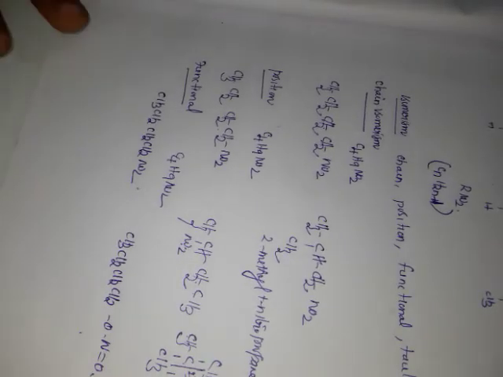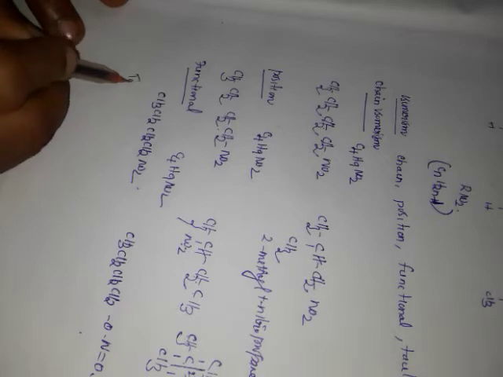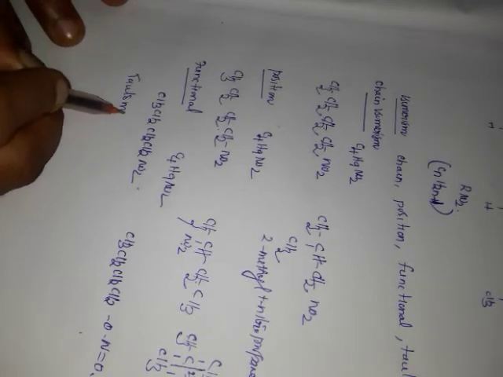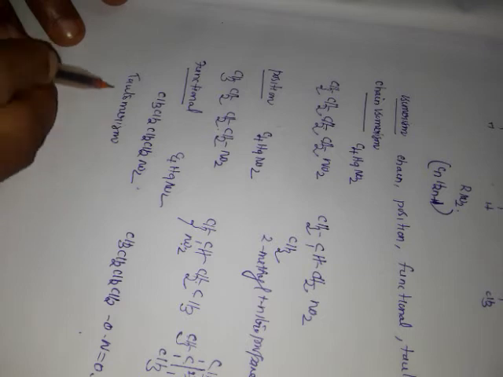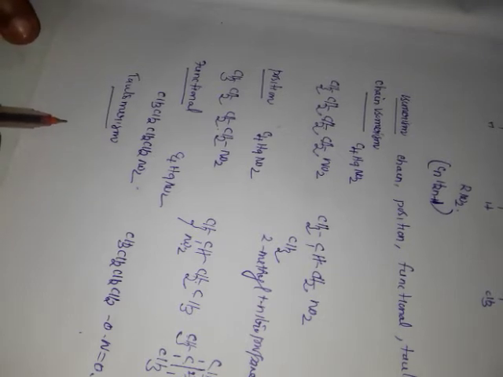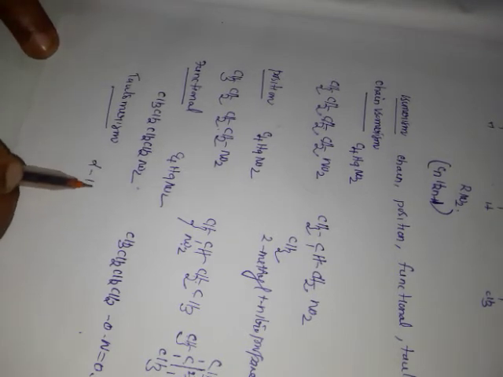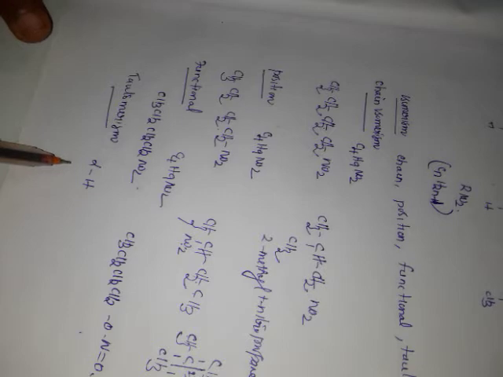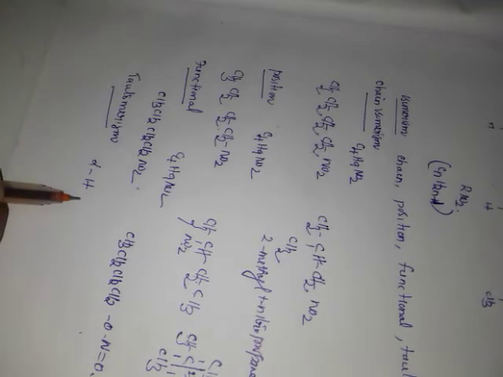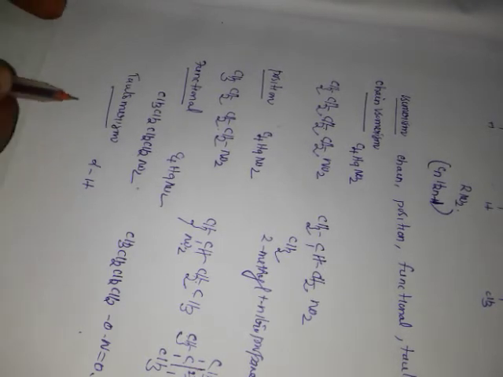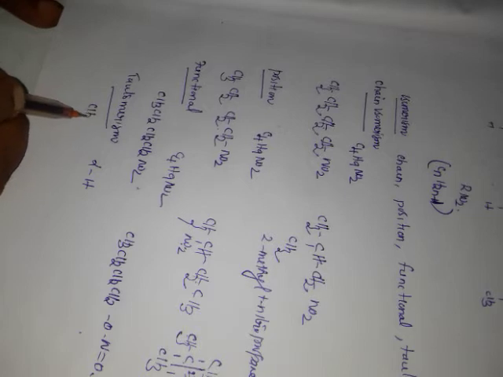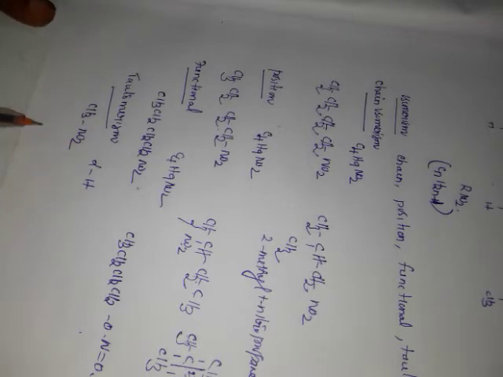The last one is the new isomerism, tautomerism. It is a new type of isomerism, in which primary and secondary nitroalkanes having alpha hydrogen show an equilibrium mixture of two tautomers. Alpha hydrogen means the hydrogen on the carbon atom next to the functional group. For example, I am taking nitromethane.